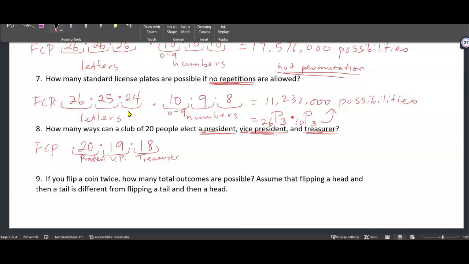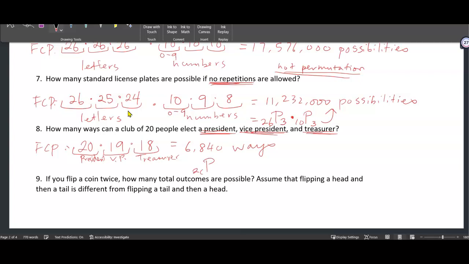So this is if you want to see it as fundamental counting principle, and you will get the answer of 6,840 different ways, right?